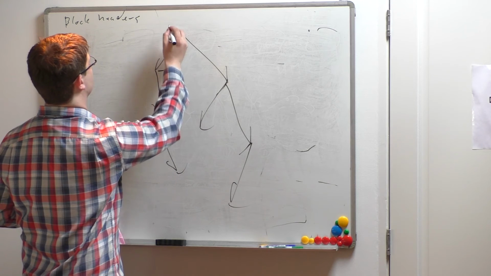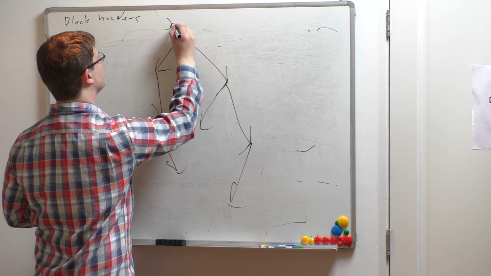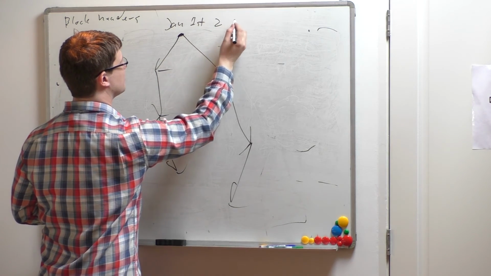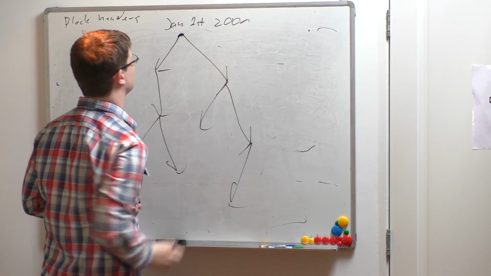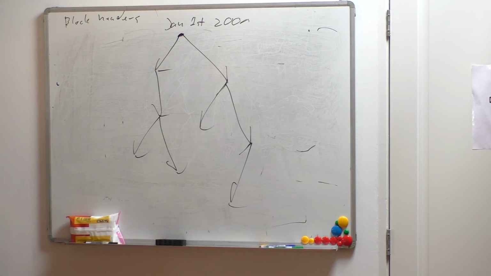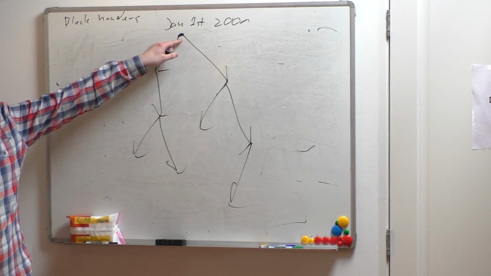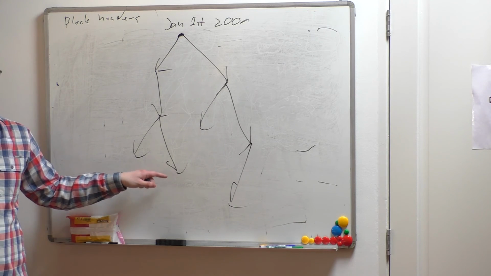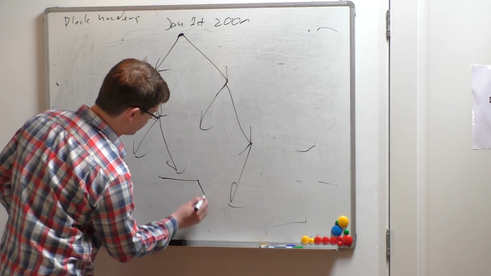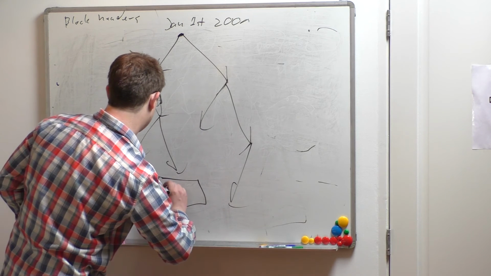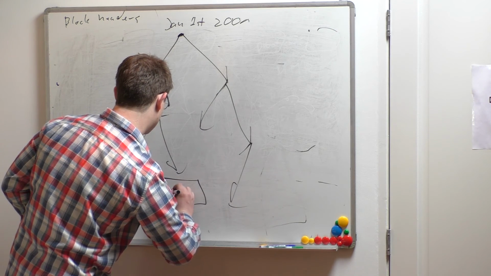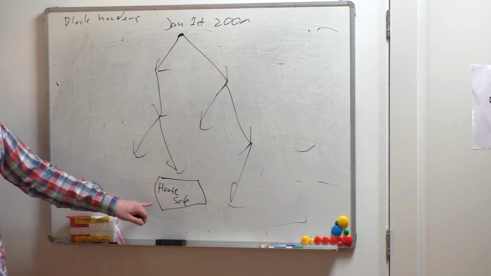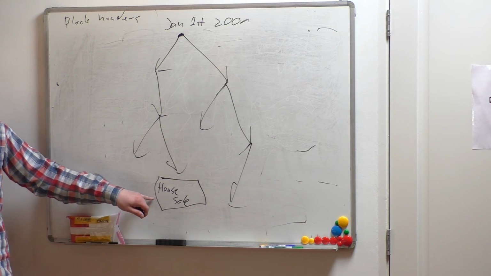I'll say this is January 1st, right at the millennium. Now, if I know that this was created prior to that date, I know that this was created prior to that date, and I'll say this is a sale. So I know the document representing the sale of my house was created before that date.